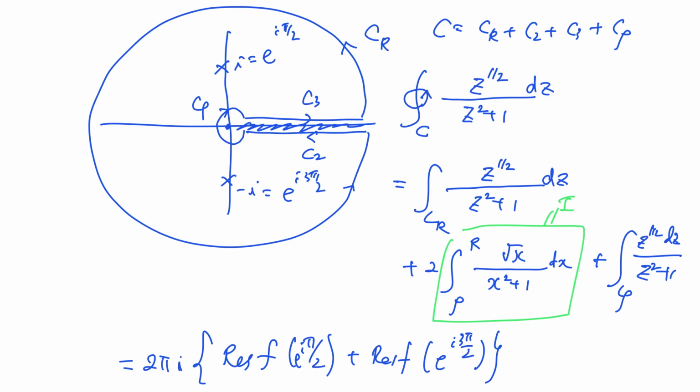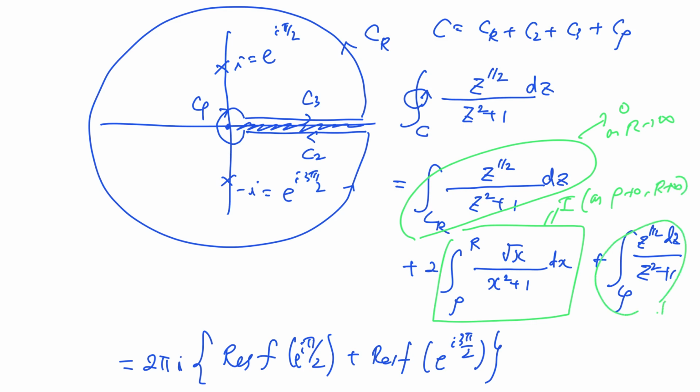So let's calculate. It's going to be 0 as r goes to infinity. I as rho goes to 0, r goes to infinity. This is going to 0 as rho goes to 0. We are going to show this later, but we will calculate this residue first.